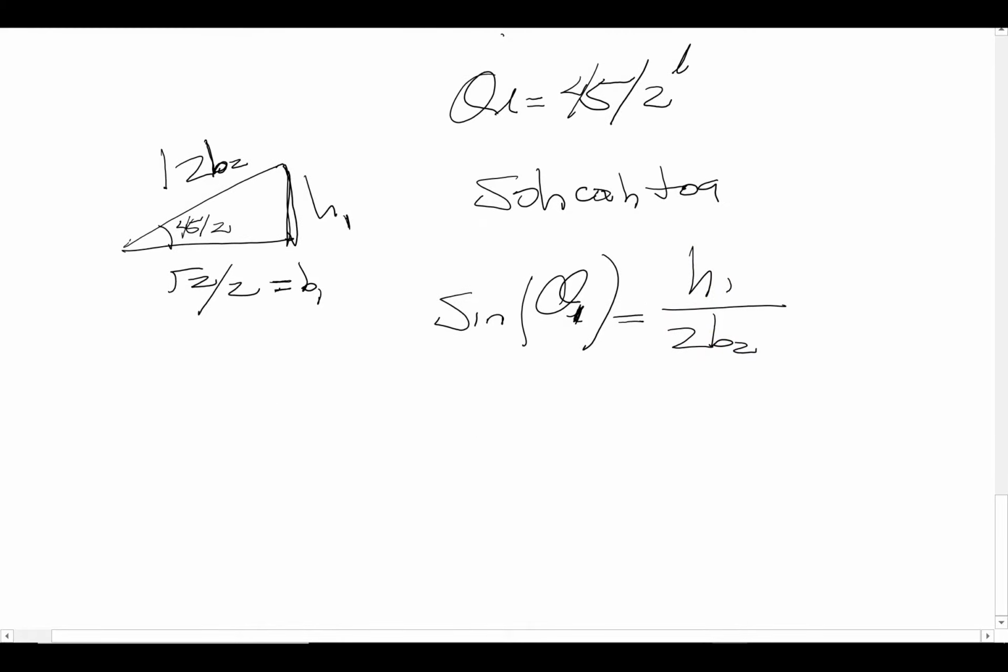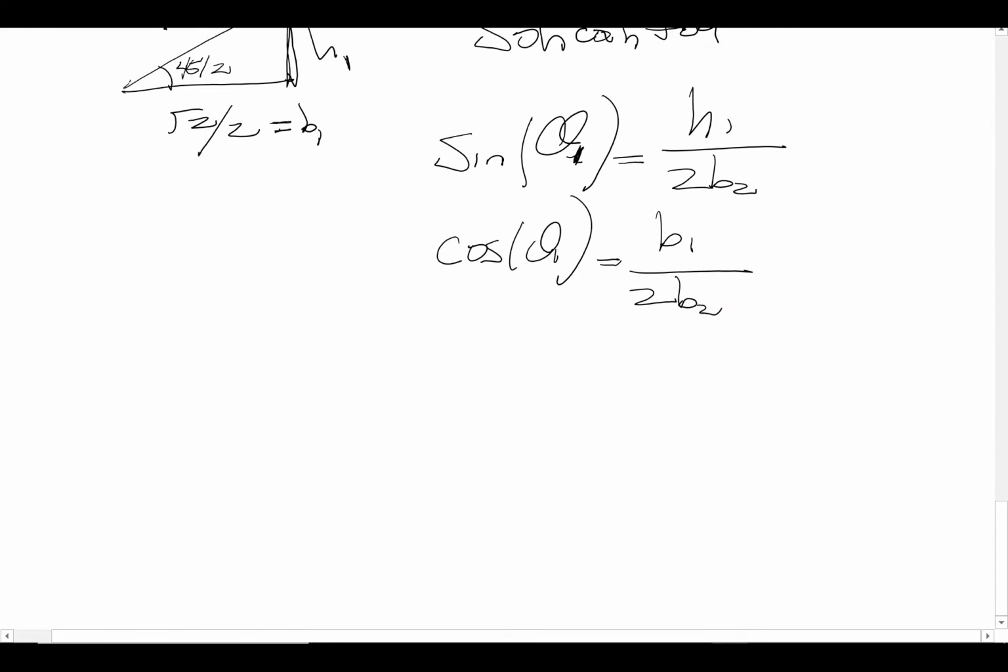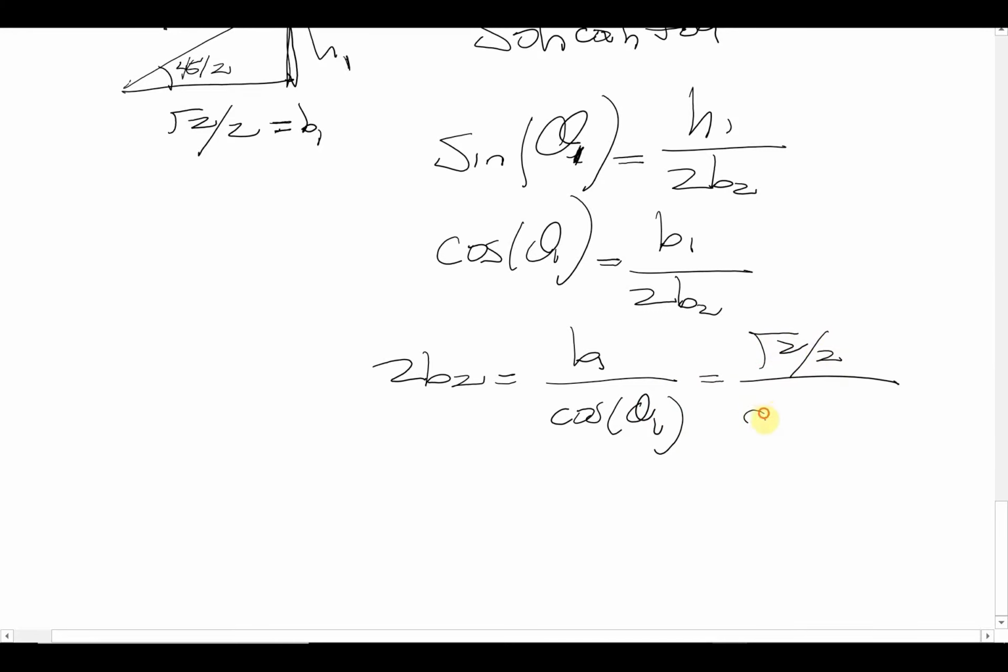We also know cosine theta 1 is adjacent, which is b1 over 2b2, and we know b1 is root 2 over 2. So if we reduce this, 2b2 is just b1 over cosine theta 1, or root 2 over 2 divided by cosine 22.5. So that's the first iteration.